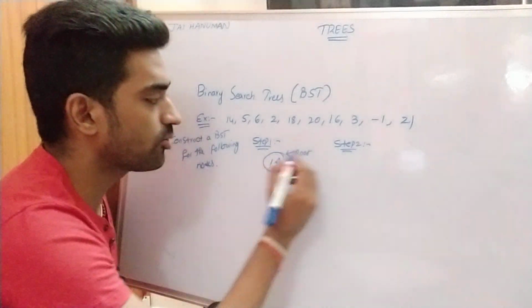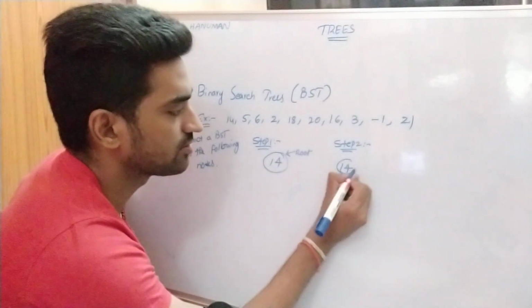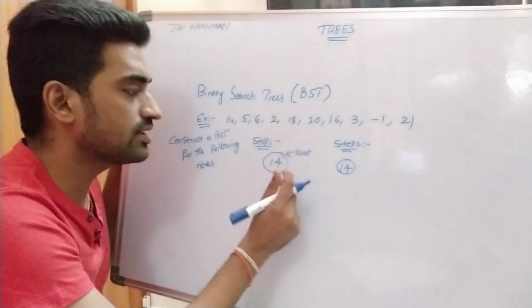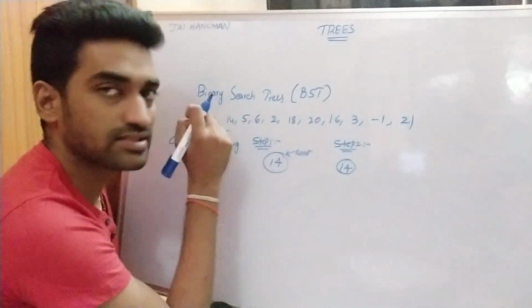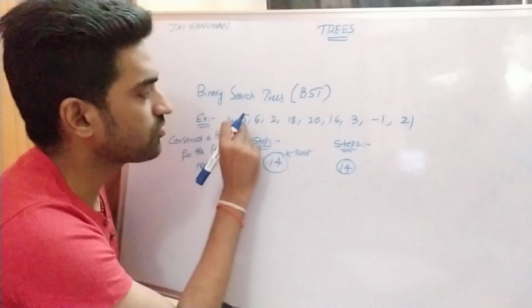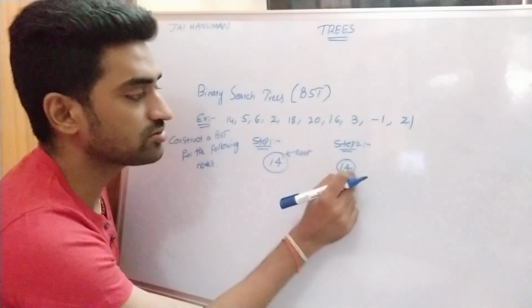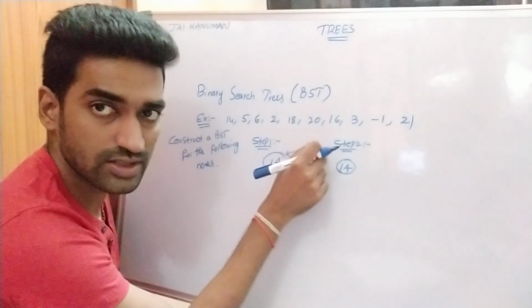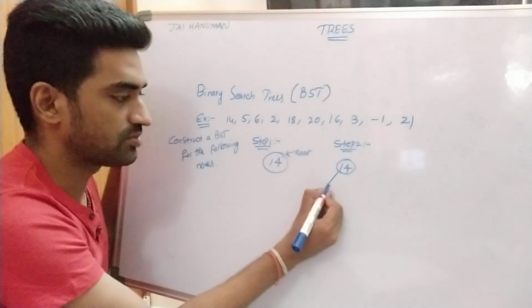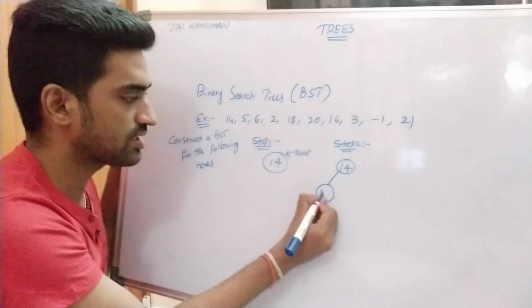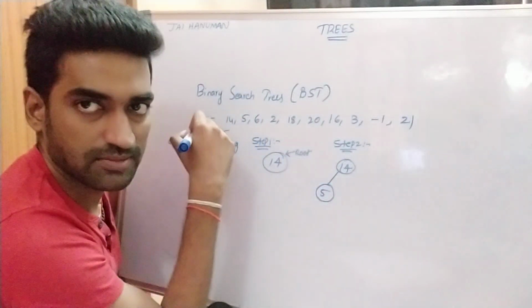Element 5, or node 5. So we are applying the comparison procedure between the root and the inserted element, right? So 5 is less than the root node. A lesser value element is always placed at the left subtree, so that's why I am placing it at the left subtree.